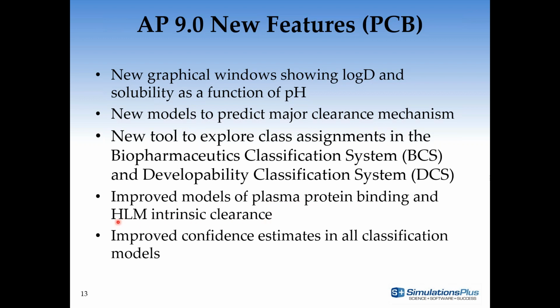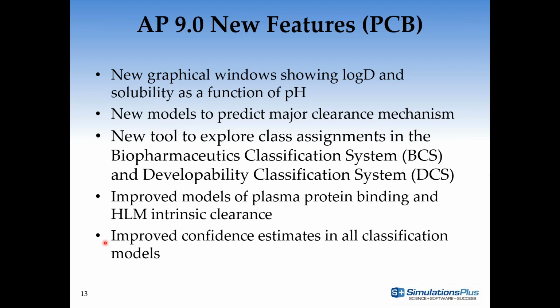We do have two models. One is rat, one is human. I believe the one we improved was human. And this was through the acquisition of new data. We also improved the confidence estimates in all of our classification models. So the classification models are those that are, for example, yes, no, toxic, non-toxic, or substrate, non-substrate.